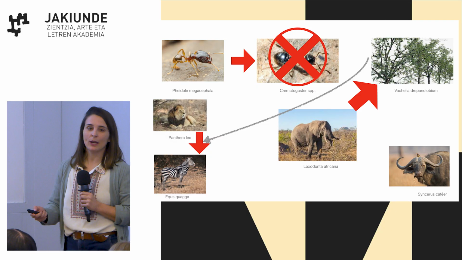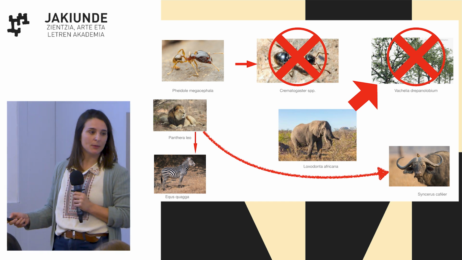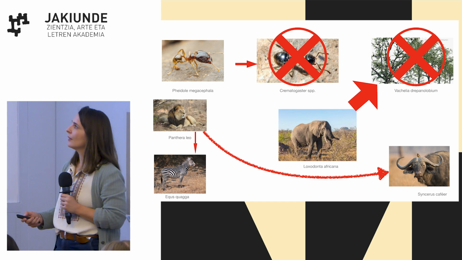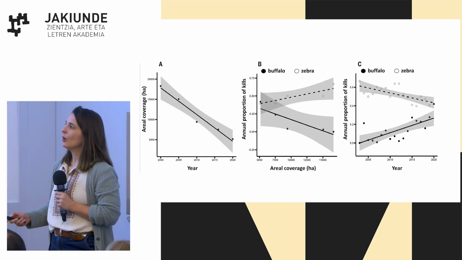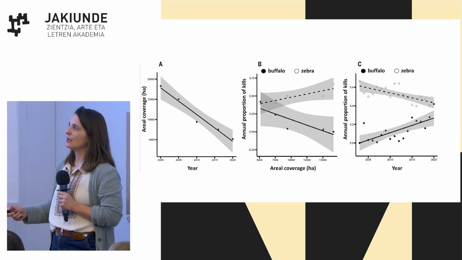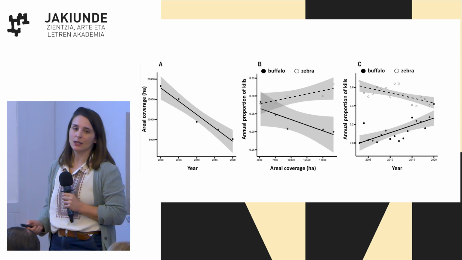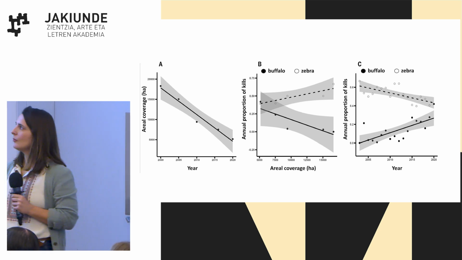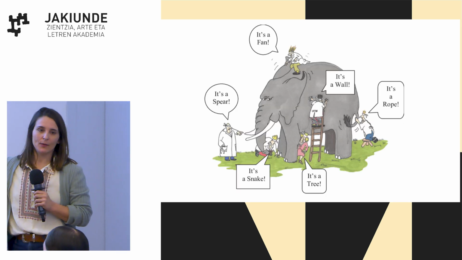They go to the waterways and feed on the buffaloes, because they can no longer feed on the zebras, since the zebras see them coming. As you see, it's a rather complex relationship, but what we're seeing is that as the cover of the trees decreases, there's an increase in the death of buffaloes and a decrease in the death of zebras, which is really cool. And this made me think of this parable.